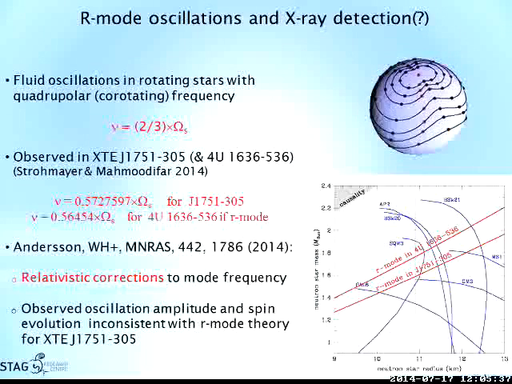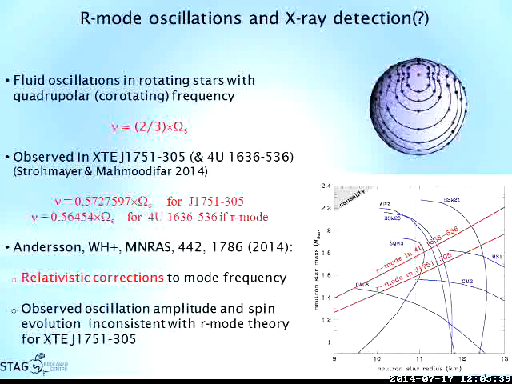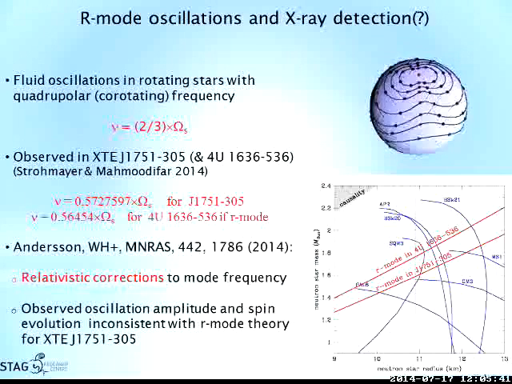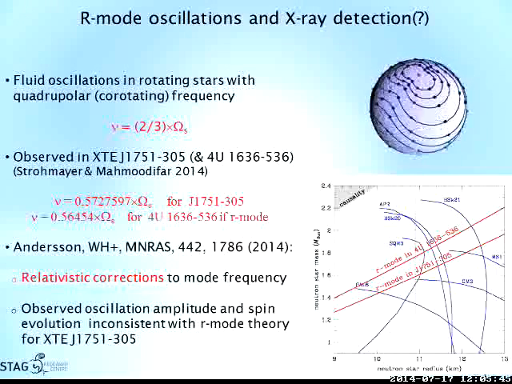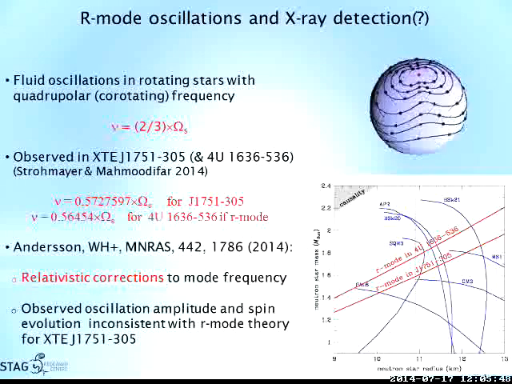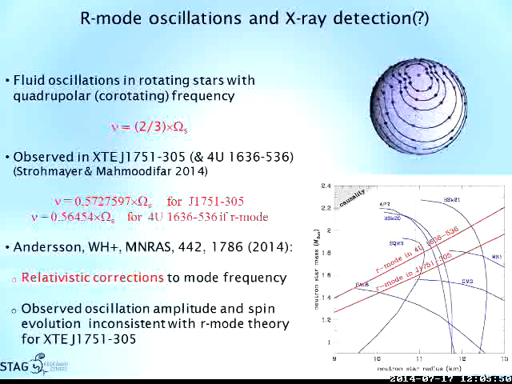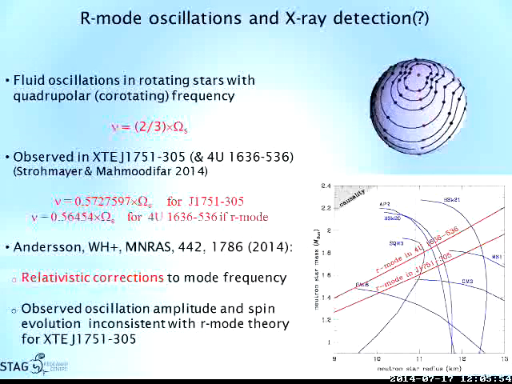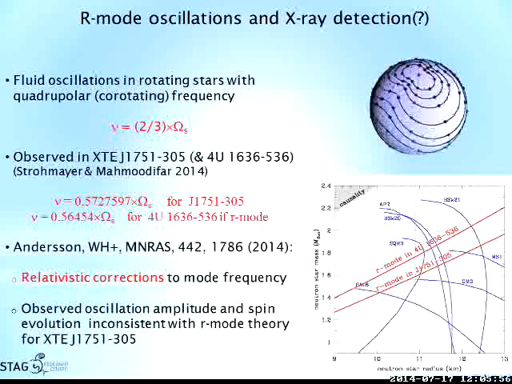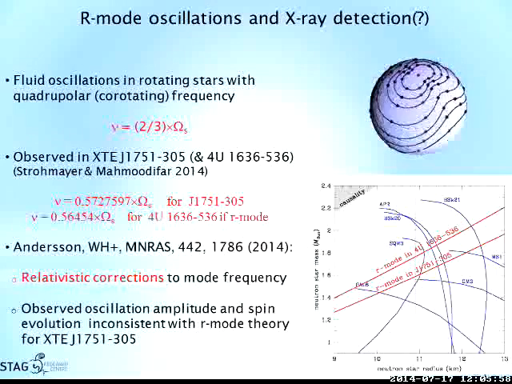The corrections depend on mass and radius, so on the mass-radius plane, for each of these spin frequencies, these are the lines you get. They're not constant; there is a little bit of curvature.